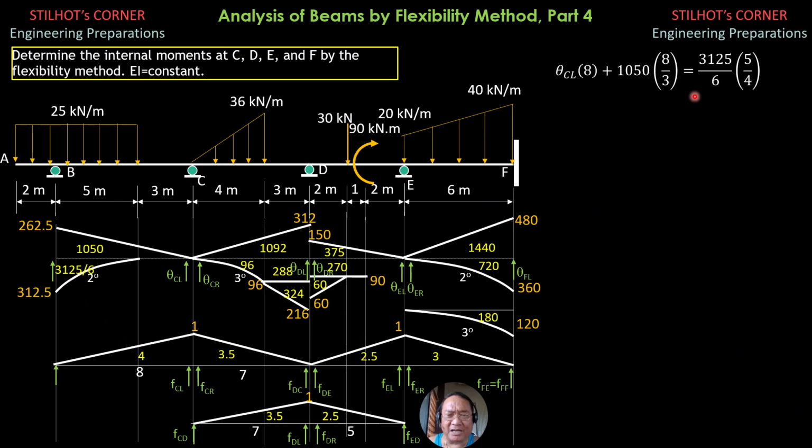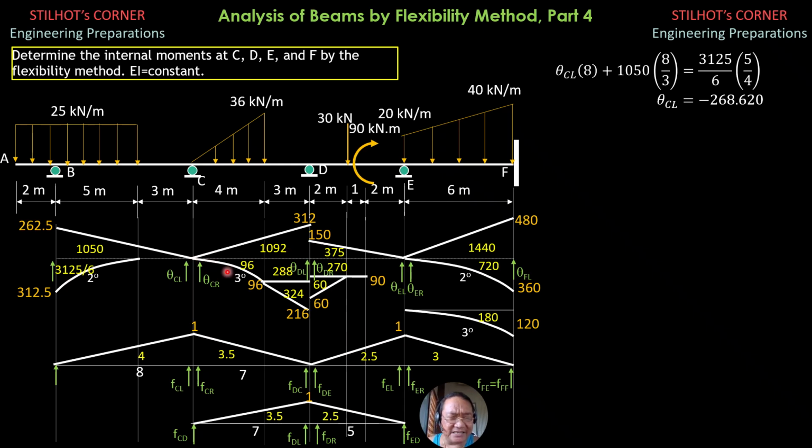I hope that you can recall the formulas for centroids of areas under the curve. So theta C left is equal to negative 268.620 supposedly over EI, but let's assume that EI is 1. So this is supposedly 312.5 over EI. Because EI is constant, you just treat that as 1.